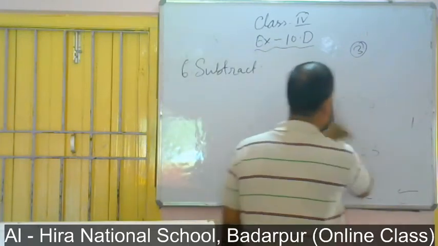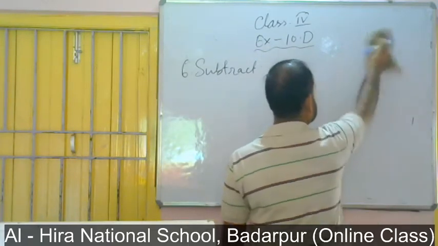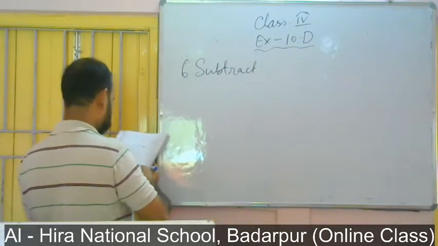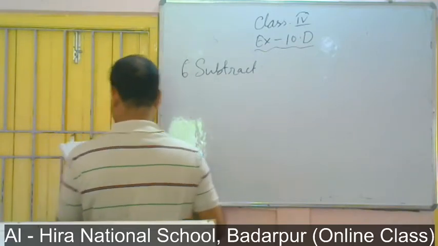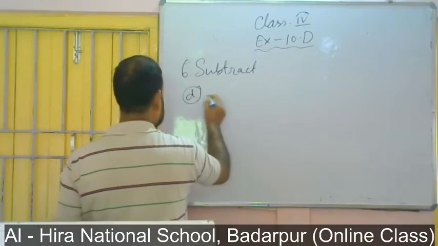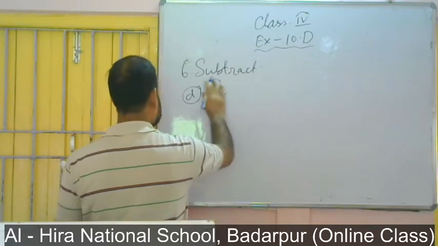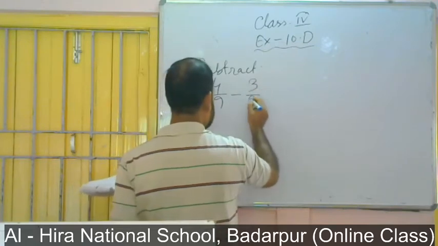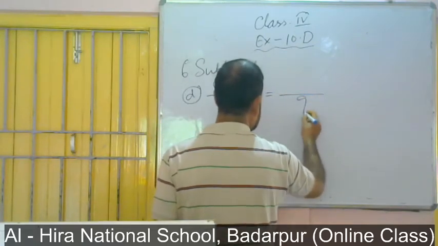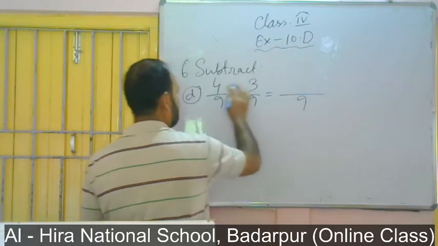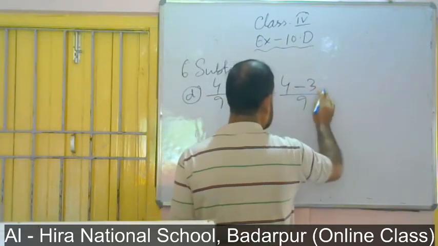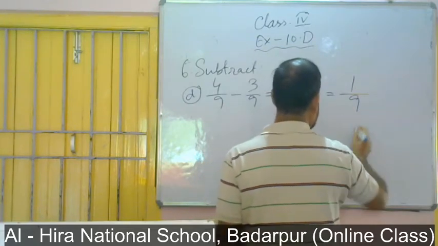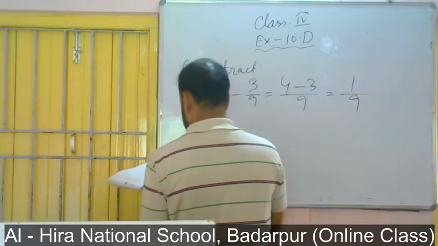Next, question number D. 4 by 9 minus 3 by 9. So here the common denominator is 9, and 4 minus 3 is equal to 1. Answer is 1 by 9.